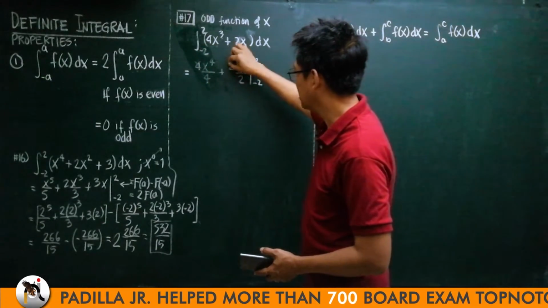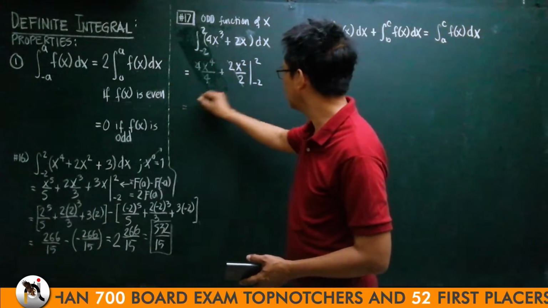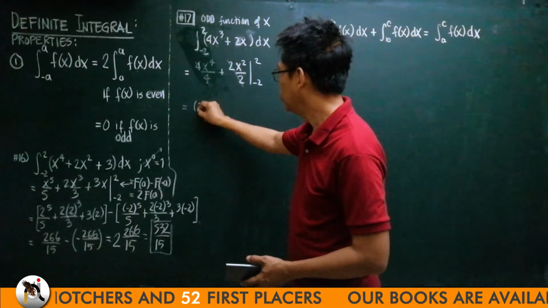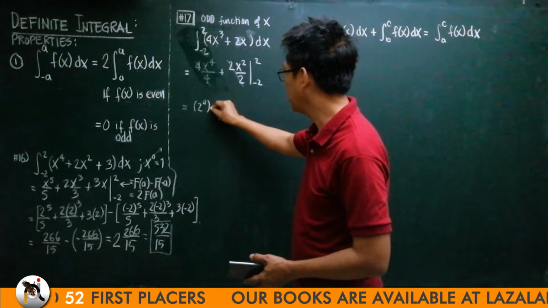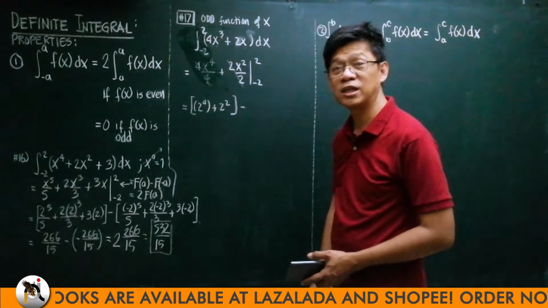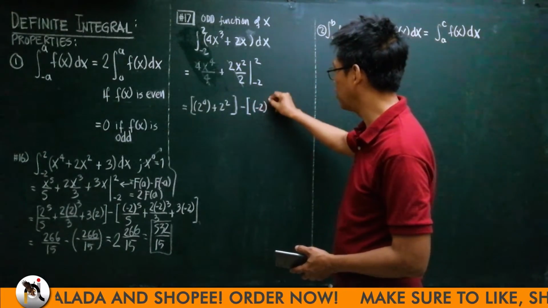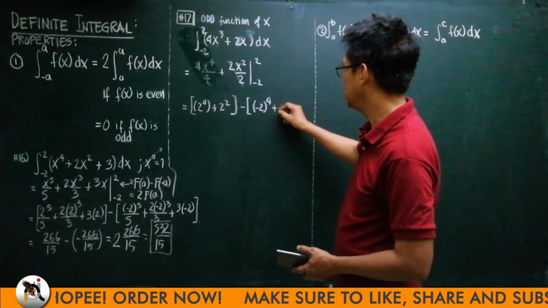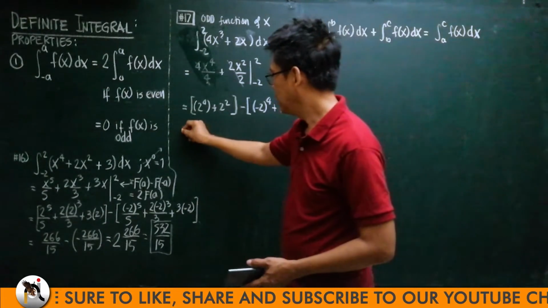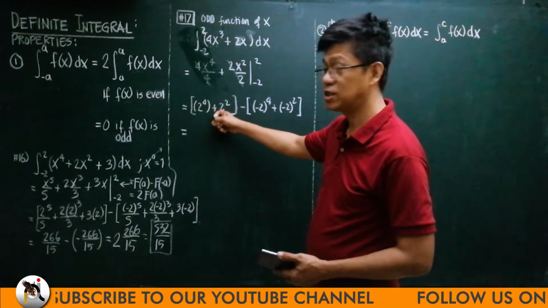So, I can cancel this. So, substituting 2 for x, the upper limit, you have 2 to the 4th plus 2 squared. Minus substituting the lower limit, it would be minus 2 to the 4th plus minus 2 squared. Look at this. This 2 to the 4th is 16 plus 2 squared.